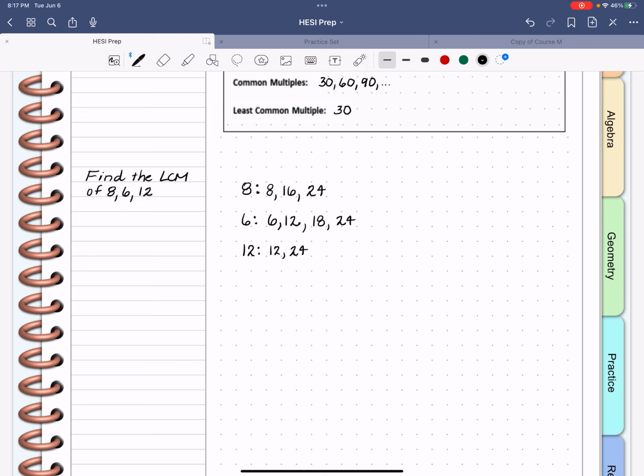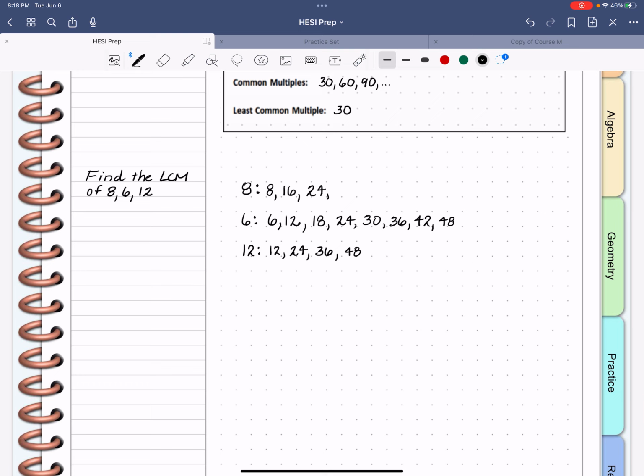So we could stop there, but I want to keep going just a little bit further because I want you to see something. So I'm going to pick back up with my 6's. I have 30, 36, that would work with the 12, but not with the 8. 42, 48, that works with the 12.